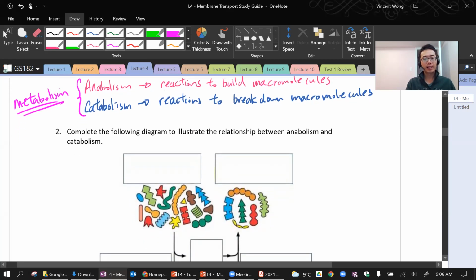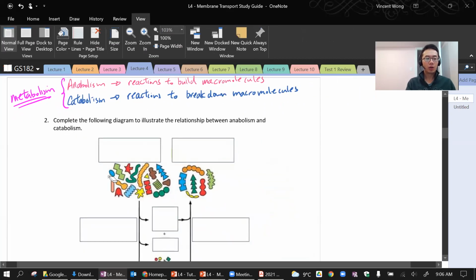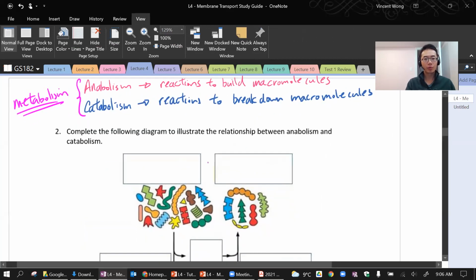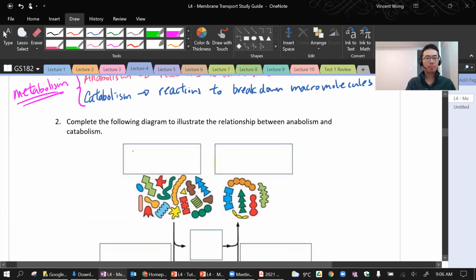So here is a diagram. Over here, all these things are macromolecules from our food sources.